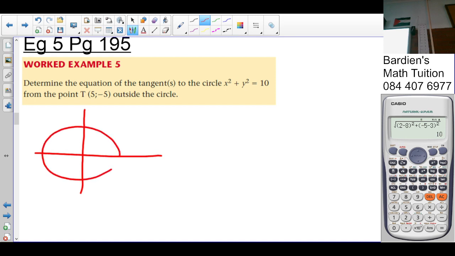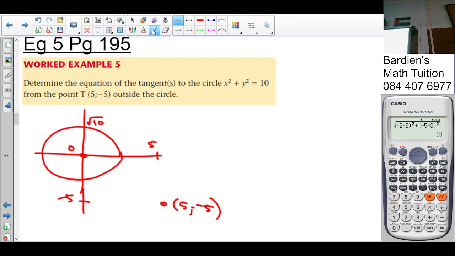So what do we have? The circle equation. If the radius is root 10, then the top of the circle is (0, root 10) and the bottom is (0, minus root 10), and so on. So the tangent is from the point (5, -5) to this point here. If you're going to draw a tangent from that point, then the line's going to go through like that.